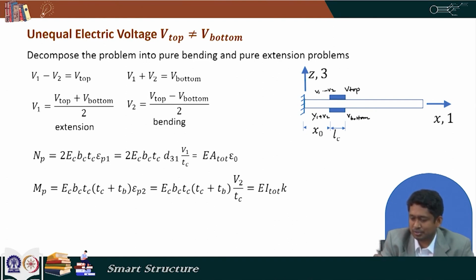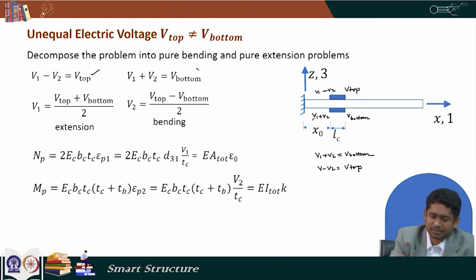So when we superimpose these two, we get the V top and V bottom. So V1 plus V2 is equal to V bottom as per our consideration, and V1 minus V2 is equal to V top, which is shown here.